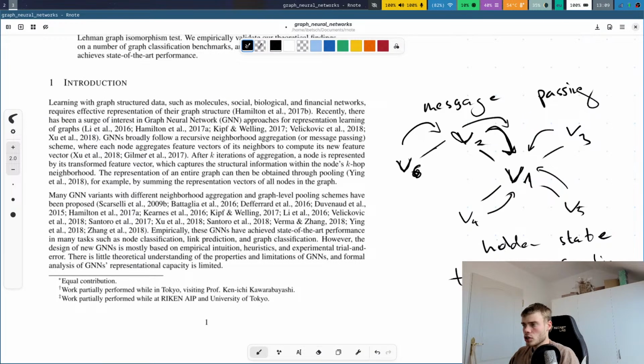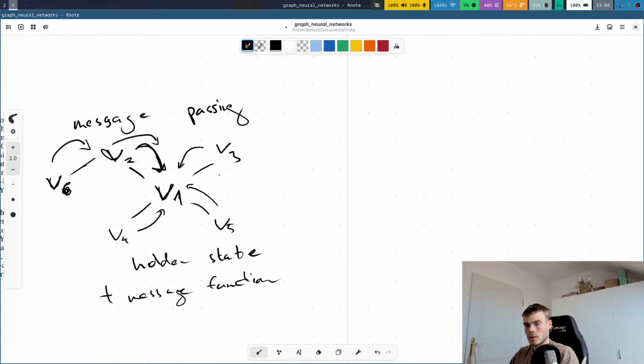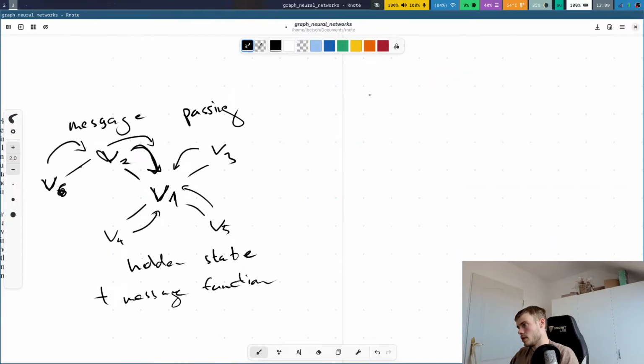The representation of an entire graph can be obtained through pooling, for example, by summing the representation vectors of all nodes in the graph. So this is what they say. Okay, in the end we have HV1K, HV2K, HV3K, and we somehow have to aggregate them together.